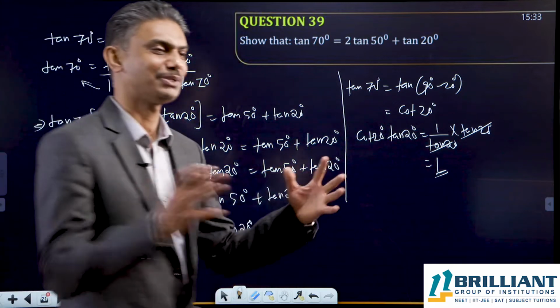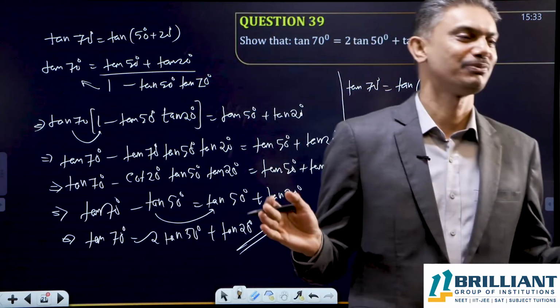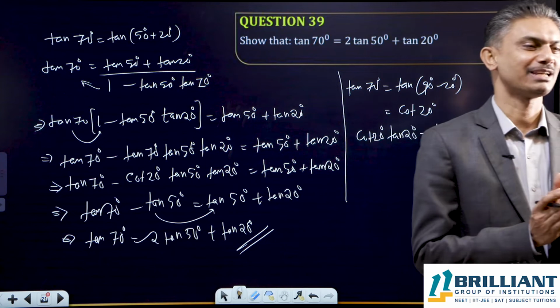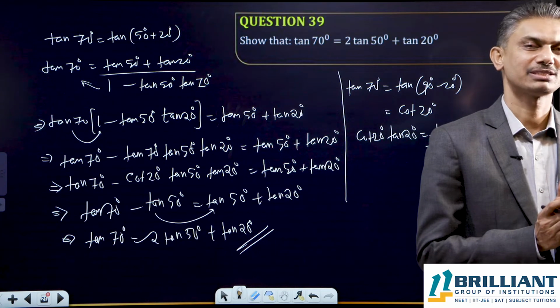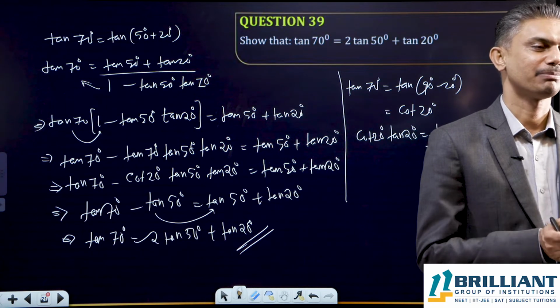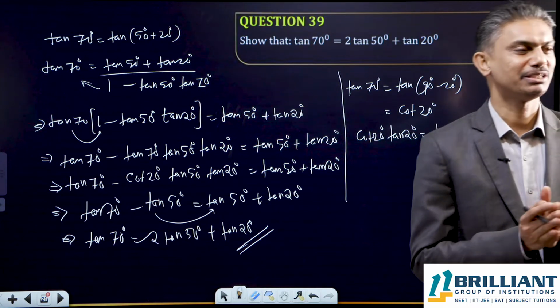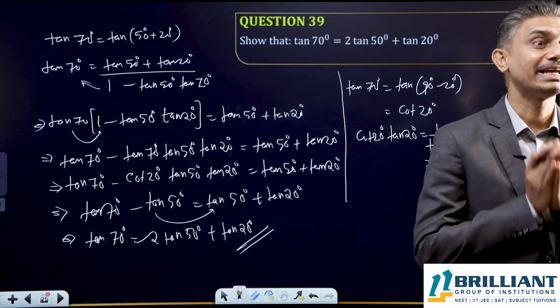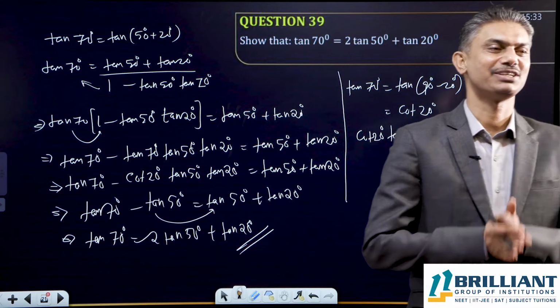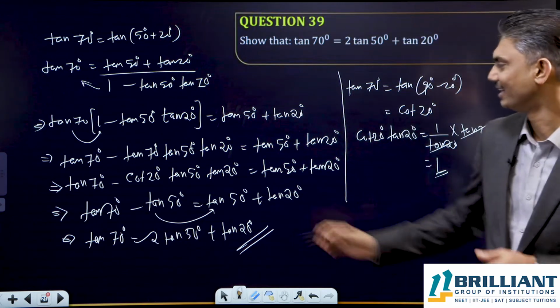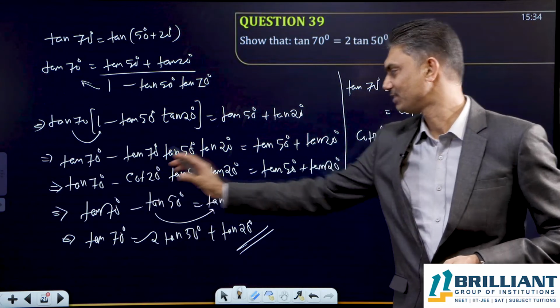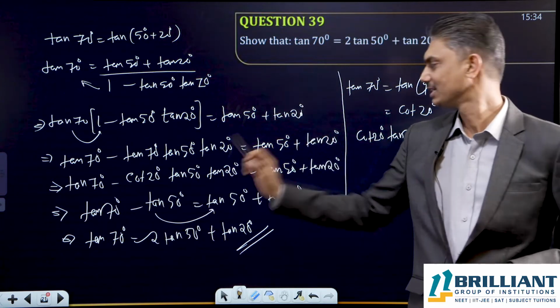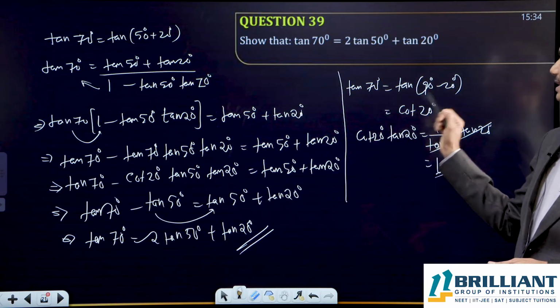So what is the technique we used here? Tan A plus B formula. What is tan A plus B? Tan A plus tan B by 1 minus tan A into tan B. Then I cross multiplied, opened the bracket, and then I used the technique that tan 70 into tan 20 is 1, because tan 70 is tan 90 minus 20.